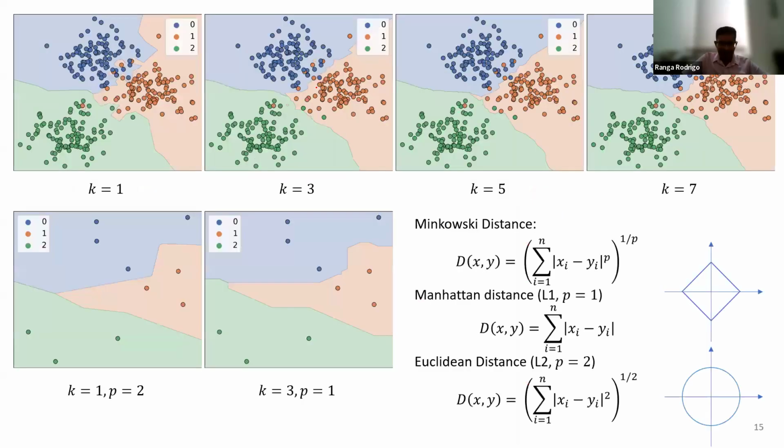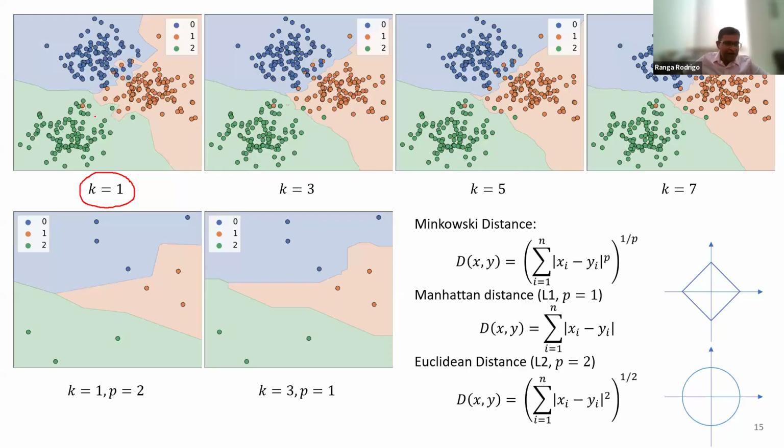Now what I have plotted is the number of nearest neighbors that I consider to decide the class. For example, let's take k equals 1. Here only the nearest neighbor matters.